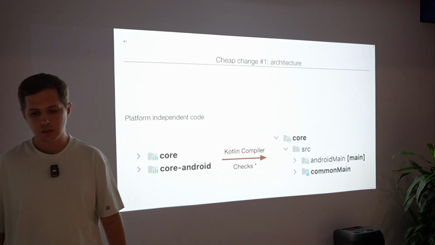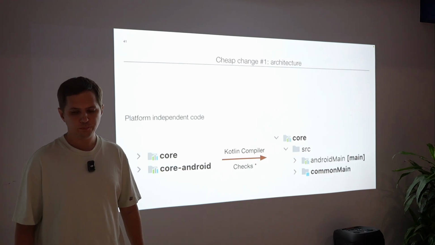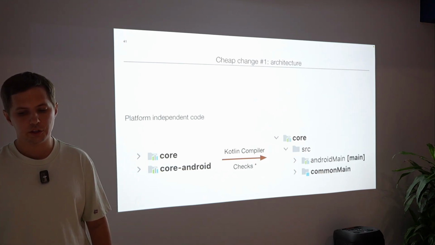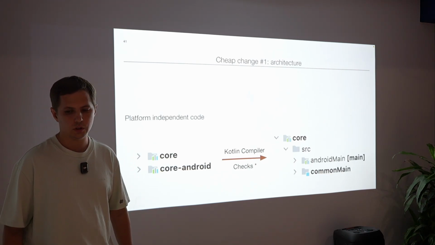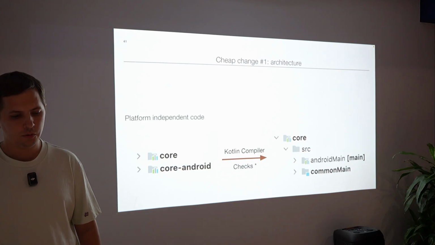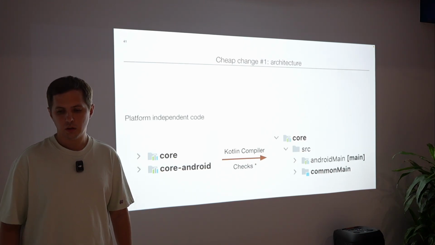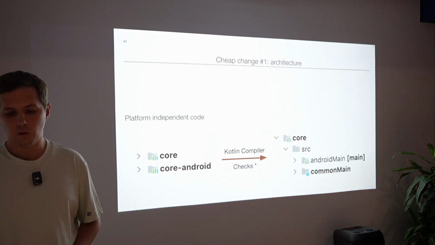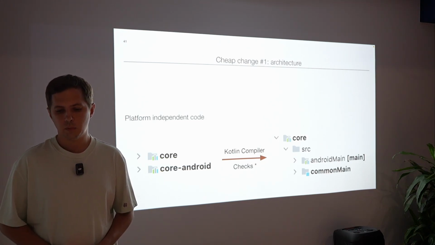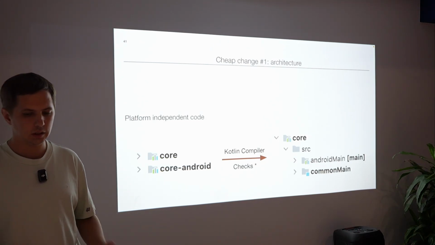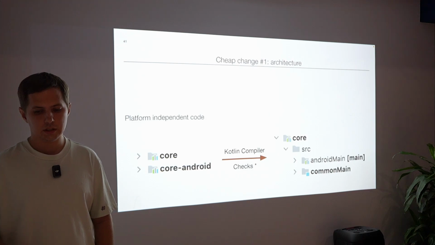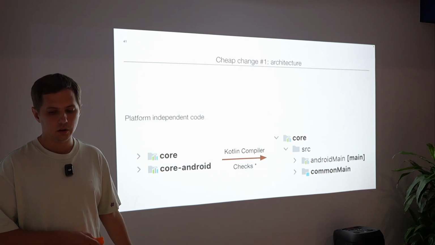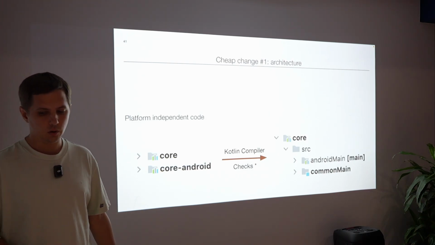And I saw the opportunity here to use Kotlin compiler checks with the structure of a cross-platform module. So I used cross-platform source sets for splitting these parts of code into a single module. The first source set is androidMain, which was previously core Android, and commonMain was previously core.